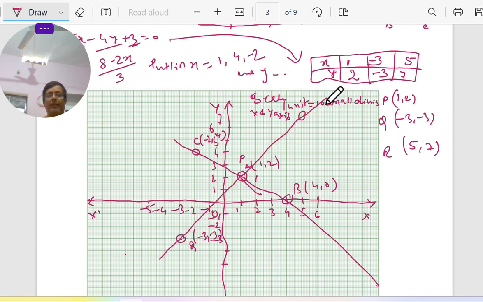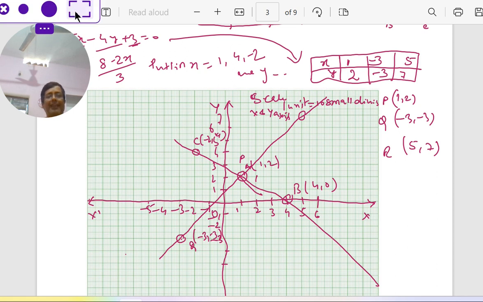I have drawn it properly, because this is not favorable for me to draw. I just try once more whether it is correct or not, whether I am able to do this or not.